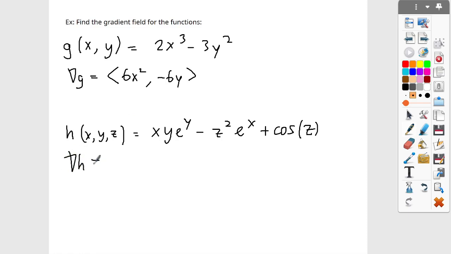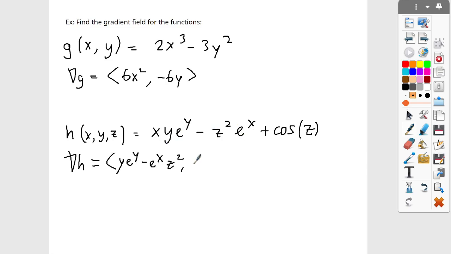The gradient of h is a little bit tougher because there's a bunch of variables, but it's 3 dimensions. You do the same thing. y e to the y minus e to the x z squared, because this entire part is integrable, and this is the only constant with respect to x.